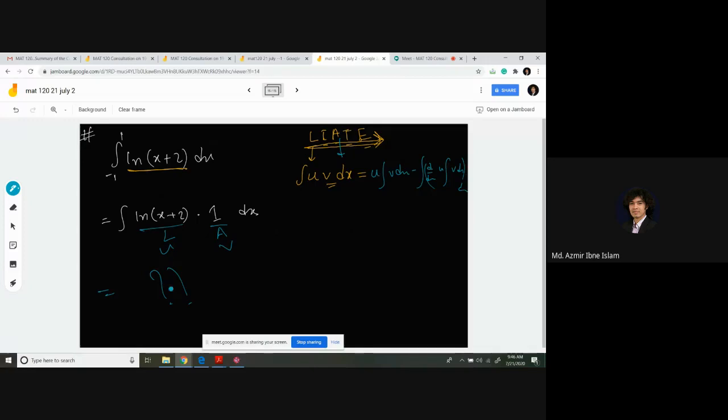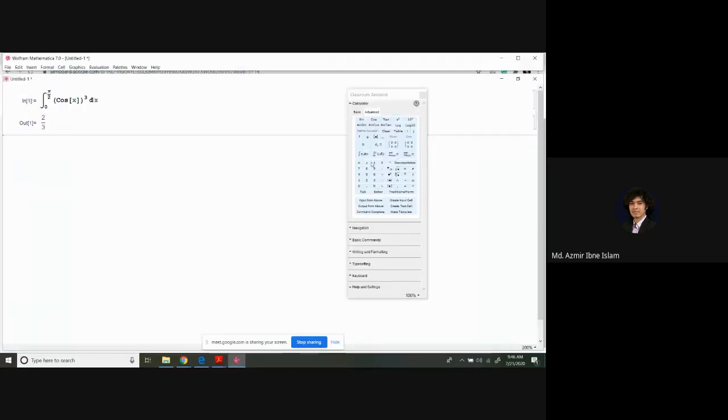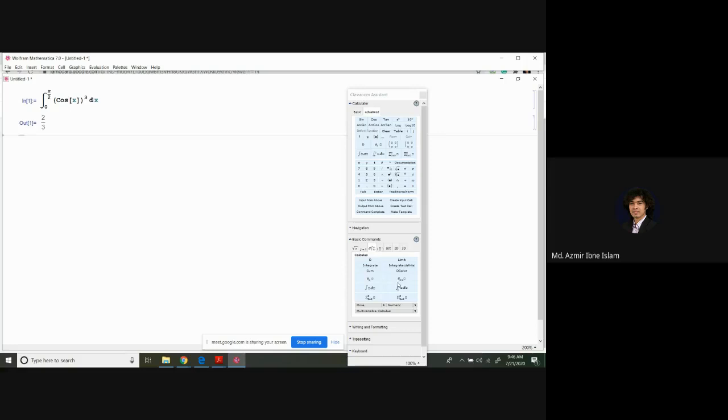For your betterment, I am just giving you the answer so that you can figure it out. Integration from minus 1 to 1, and ln of x plus 2.